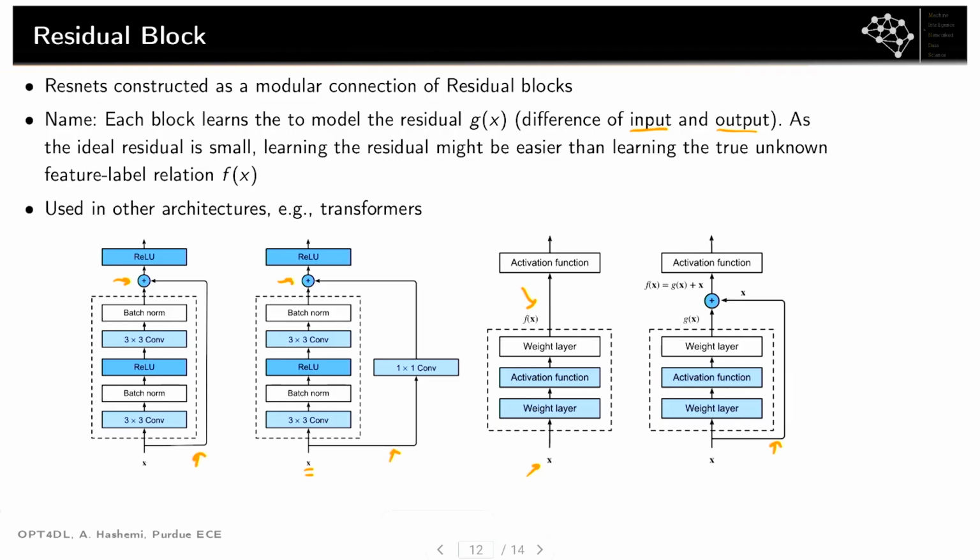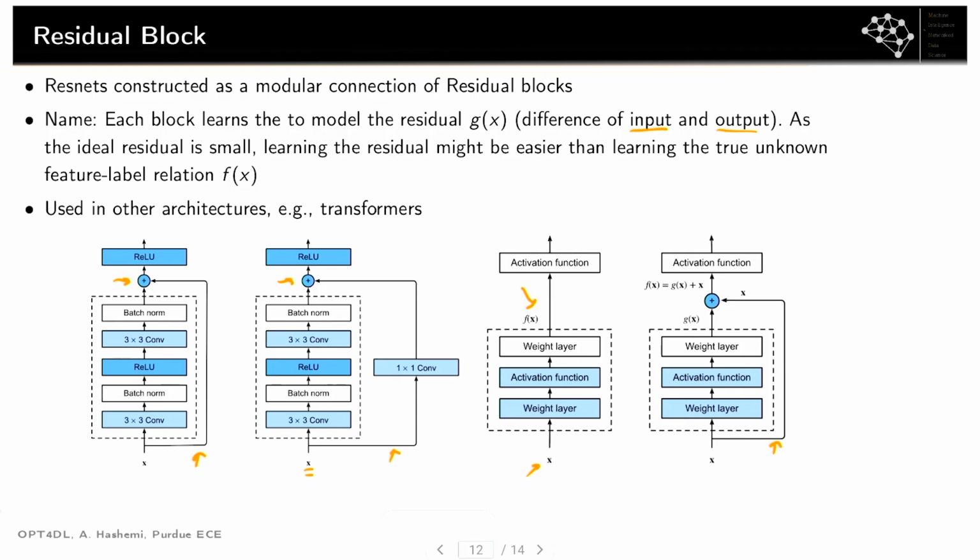So the idea is that learning the residual could be simpler. Why? Because the ideal residual is small, and learning small quantities is intuitively easier than learning large quantities. Therefore, by adding this skip connection, we may be able to improve the learning capability of the model.